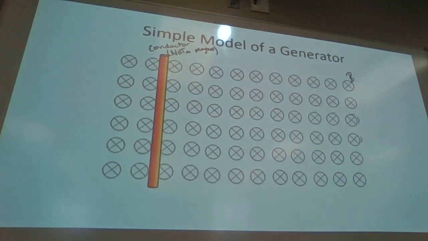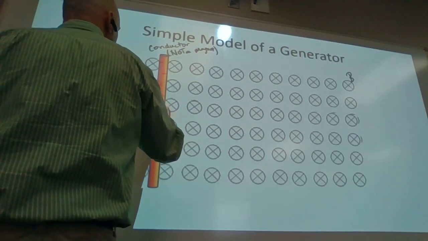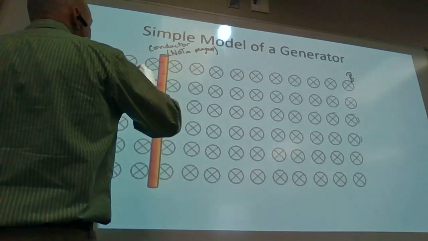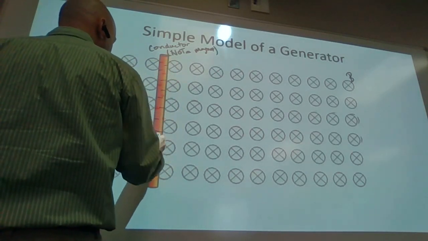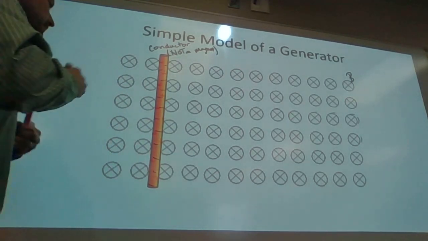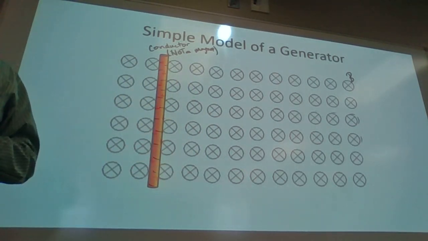Is copper magnetic? Copper is not magnetic. It's not iron, nickel, or cobalt. So it's not going to stick to the magnet. But what it does have are a bunch of protons and electrons. Now, are these charged particles going to do anything if they're just sitting inside the magnetic field?